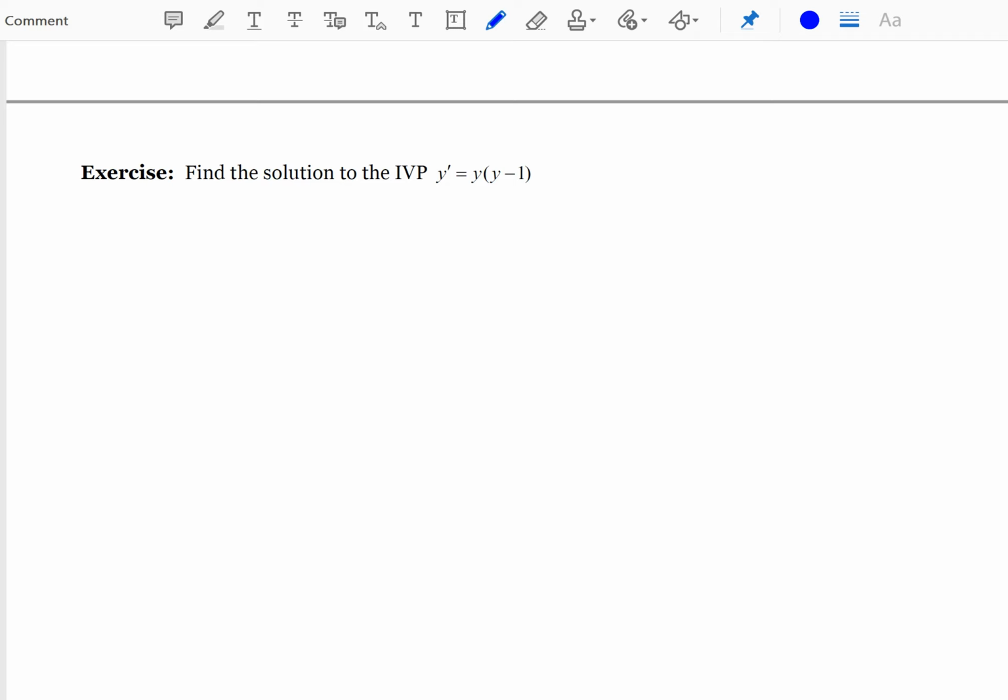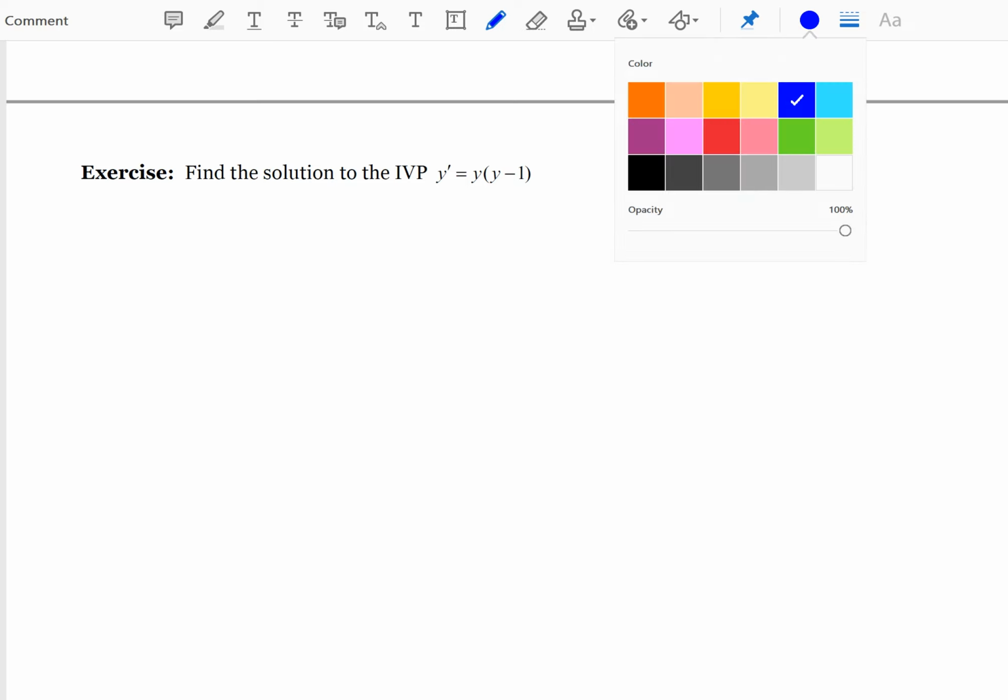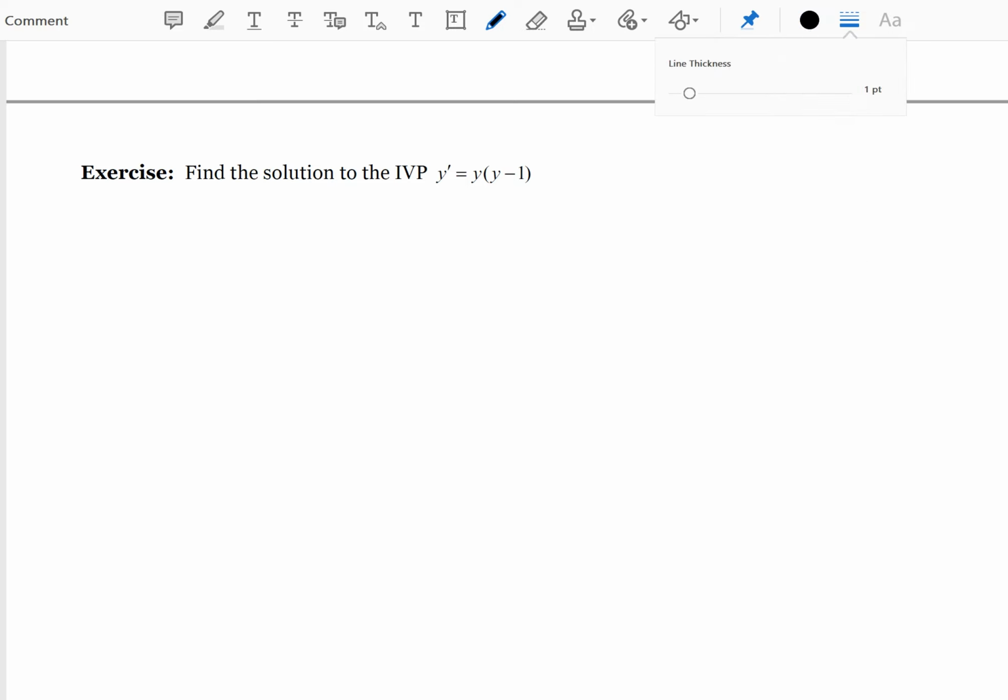Find the solution to the, I said IVP, but this is not an IVP since I did not give you an initial condition. So let's scratch that part out. Let's just find the solution to this differential equation. Now, one of the first things I want you to notice is what kind of differential equation is this?